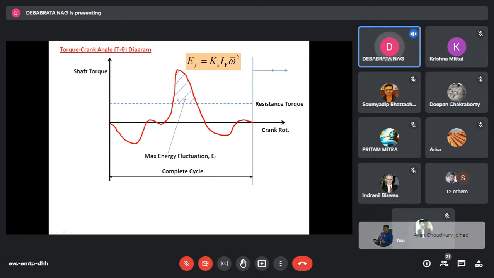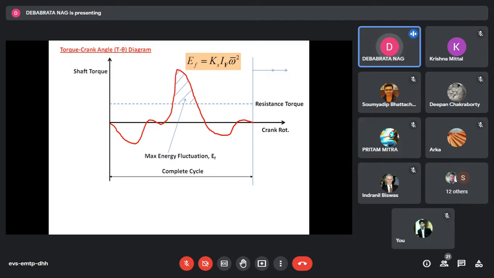And while accelerating, if we keep a massive rotating body installed on the axis of the shaft, then while accelerating it will gain some kinetic energy, which is given by the difference of the product half I omega square. Correct? And that gain in rotational kinetic energy of the flywheel will be stored within it. It talks about being an energy reservoir.